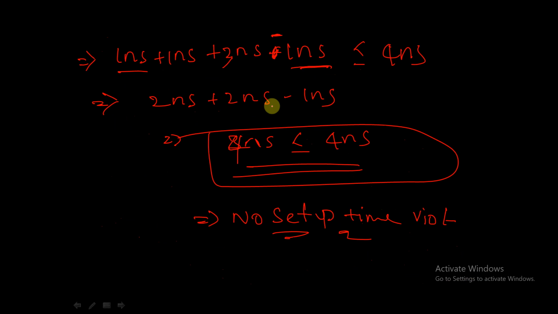So you can observe here that with the addition of positive skew, the setup time violation is removed, or we can say the timing restriction gets somewhat eased. So if the skew increases, it will ease the timing restriction for the setup time.